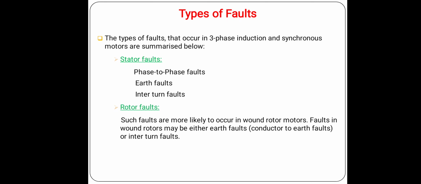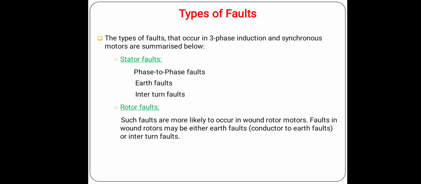Such faults are more likely to occur in wound rotor motors. Faults in wound rotors may be either earth faults or interturn faults. Faults in the motor windings occur chiefly due to insulation failure that may occur due to excessive temperature rise.